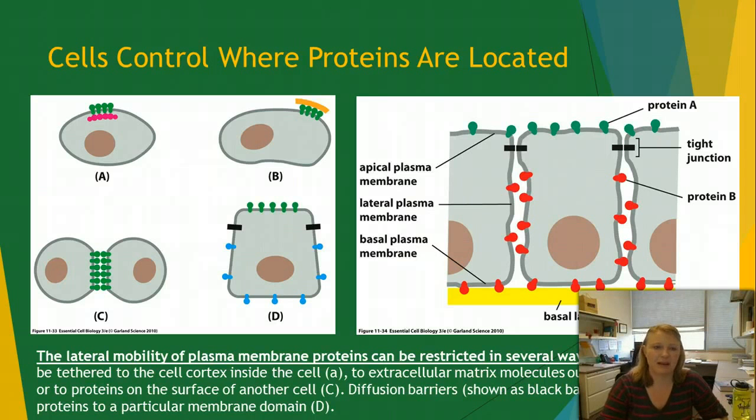They can be tethered by a cell cortex on the inside. They can be tethered by something on the outside. They can be tethered to another cell. And then we also have diffusion barriers. We have tight junctions and other things that will stop the cell from diffusing across a specific area. So they can move across the whole section of the cell, but they can't cross this black box on the cell.